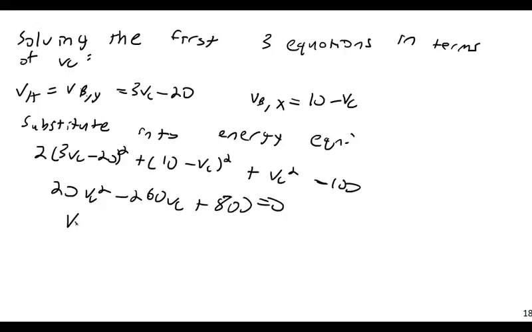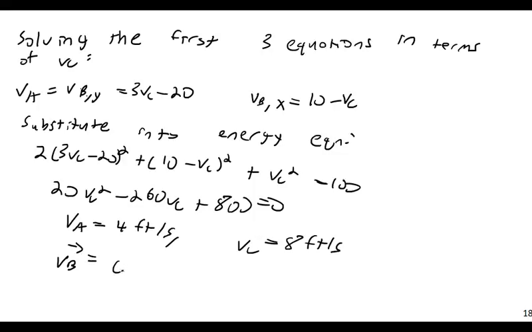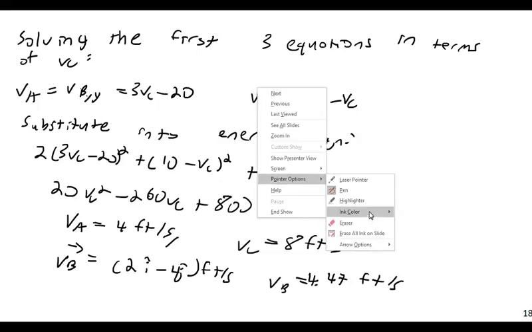And from this, I can find that VA equals 4 feet per second, VC equals 8 feet per second, and VB is equal to 2i minus 4j feet per second, or the magnitude of VB is 4.47 feet per second. And that there would be our final result.